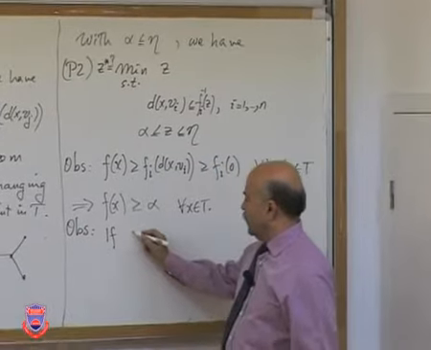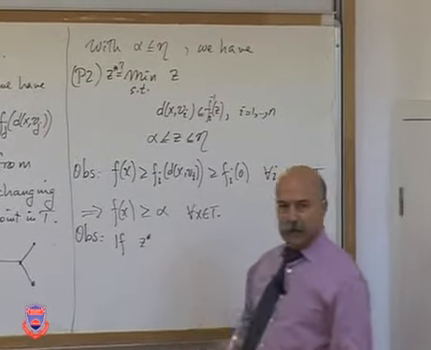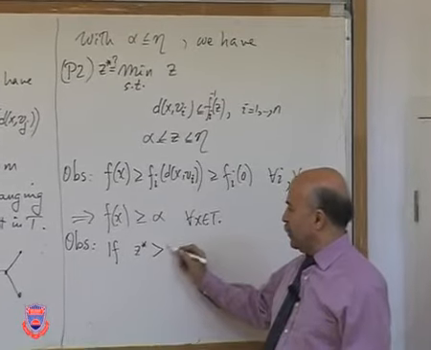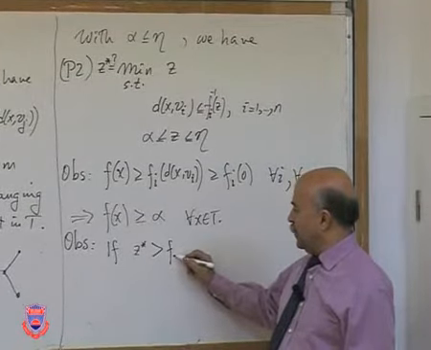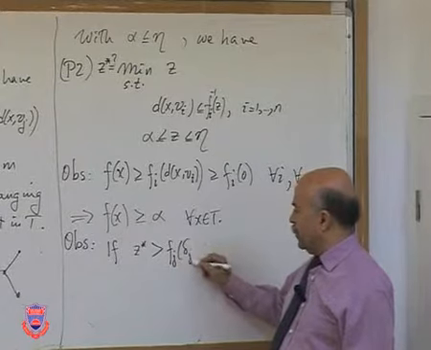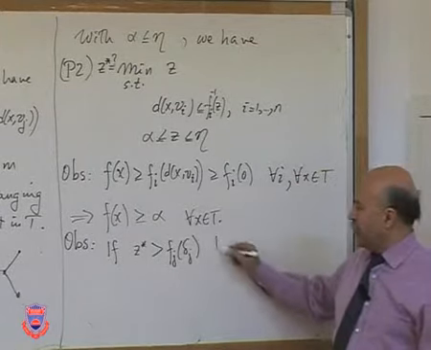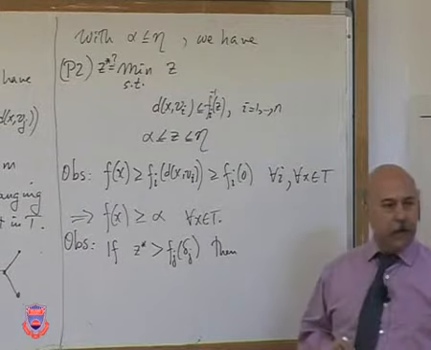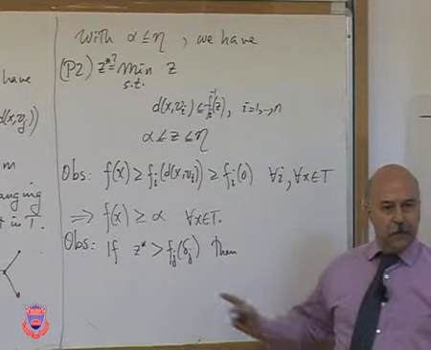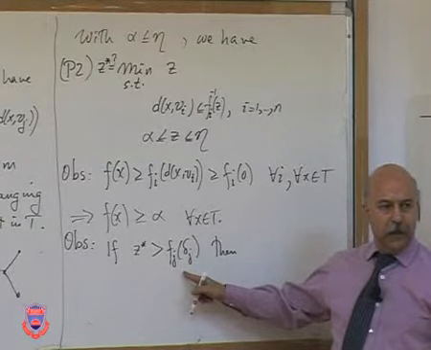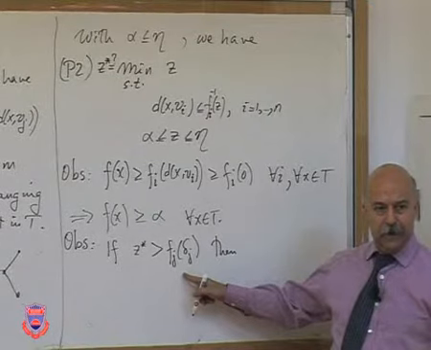If Z star, which by definition is the optimum value, happens to be greater than fj of delta j for some j, then this particular one can be eliminated from the definition of f or the optimization.